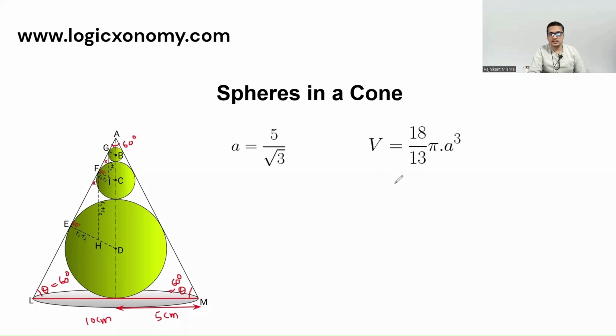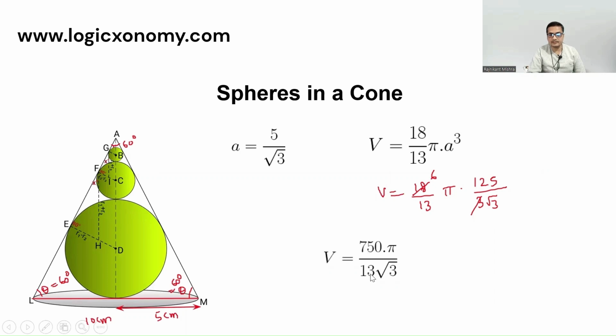Now put this value of A in this formula. V is equal to 18 by 13 pi A cube. 5 cube is equal to 125 and root 3 cube is equal to 3 root 3. 6 into 125 is equal to 750. So V is equal to 750 pi by 13 root 3 centimeter cube. This is the sum of the volumes of all these spheres.